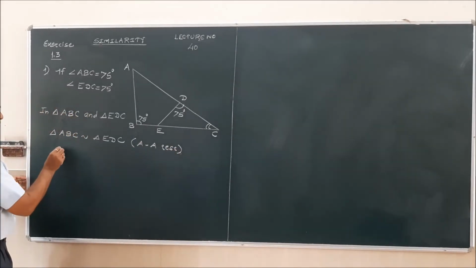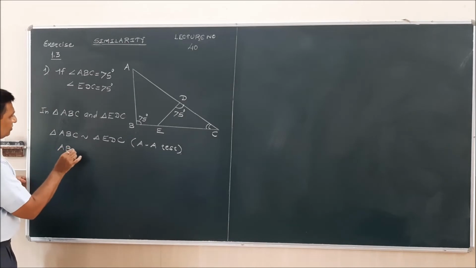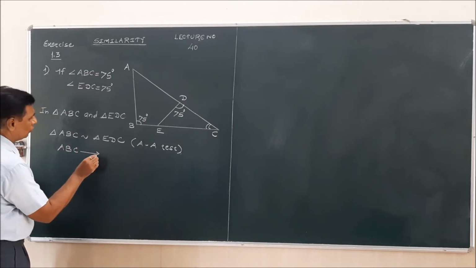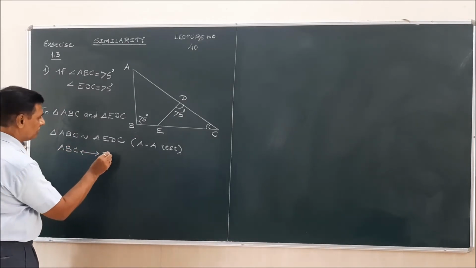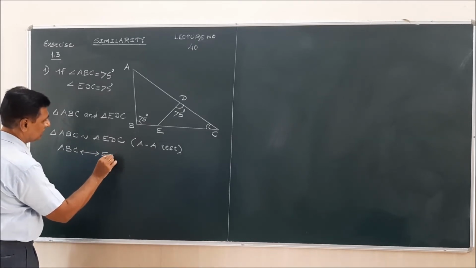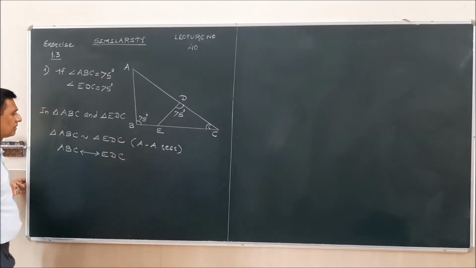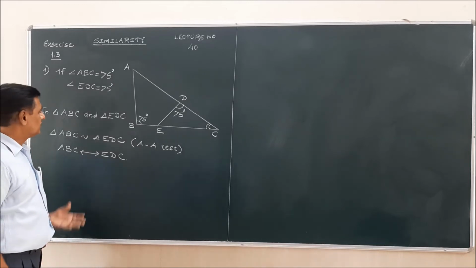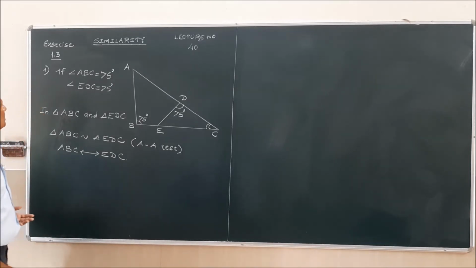They also ask us to write one-one correspondence. So you can write ABC one-to-one correspondence with EDC. Clear?